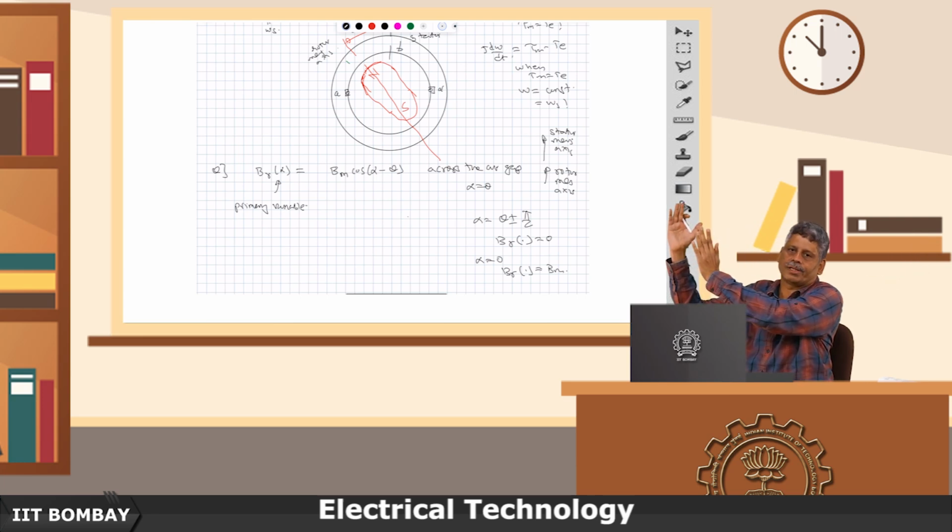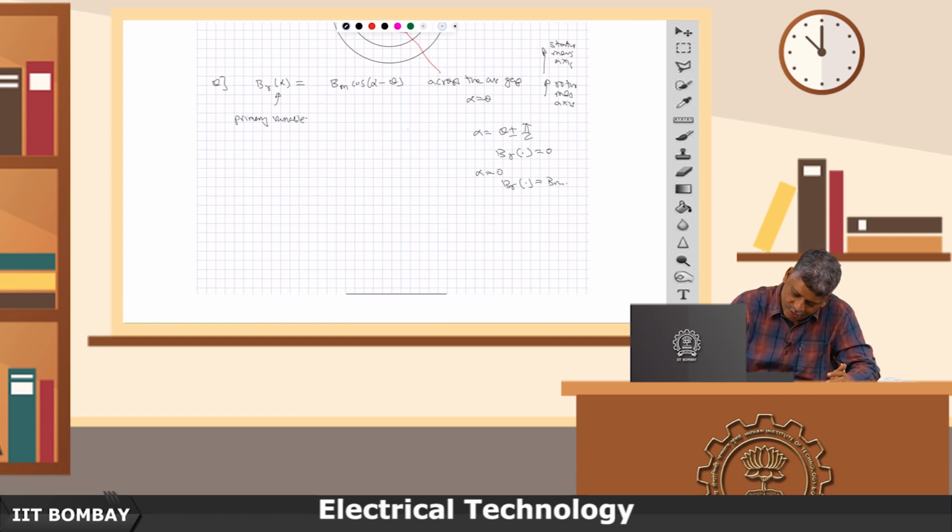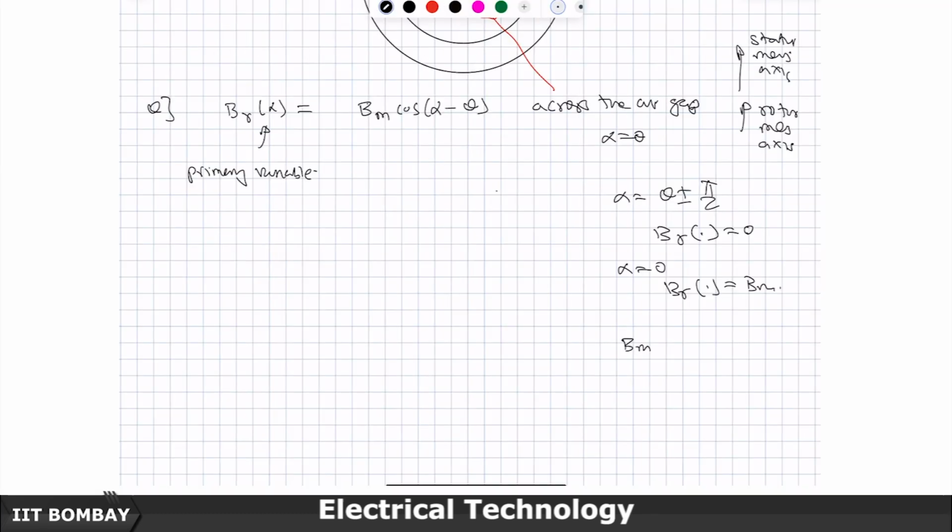And if you rotate the rotor at the angular speed omega s, then what will happen? You will basically get a rotating flux wave, which is described by Bm cos of theta minus omega s t.